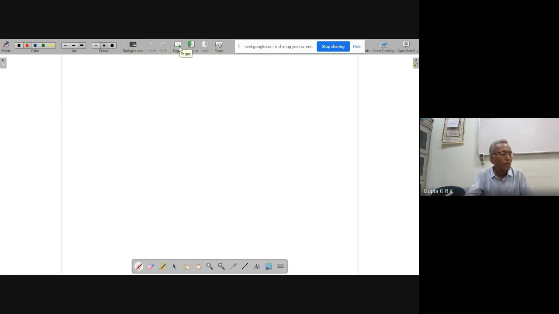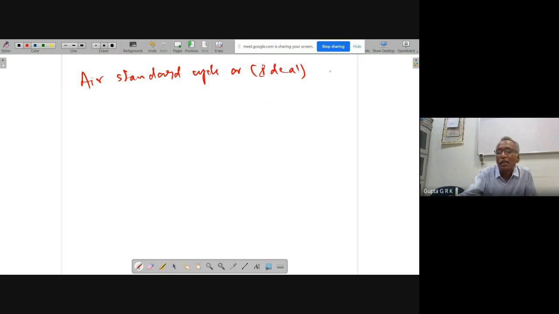Now coming to our subject, we are talking about what is called the air standard cycle or ideal cycle assumptions. So yesterday we were talking about this.